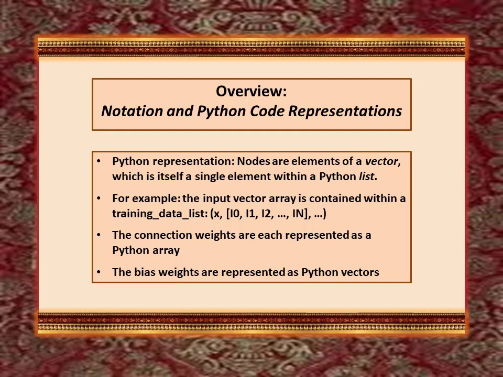So when we're talking about the nodes themselves within a layer, or the bias nodes, we're talking about vectors. And vectors, and also arrays, can be represented as single elements within a Python list.